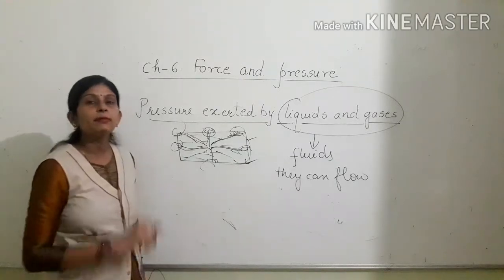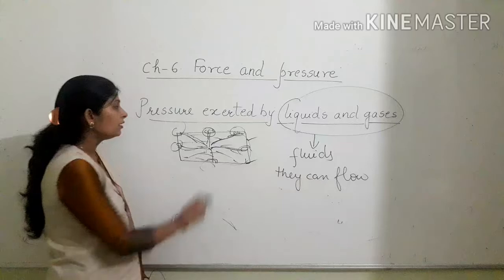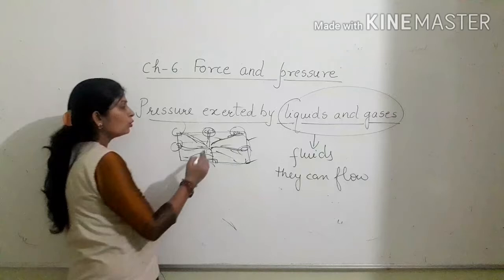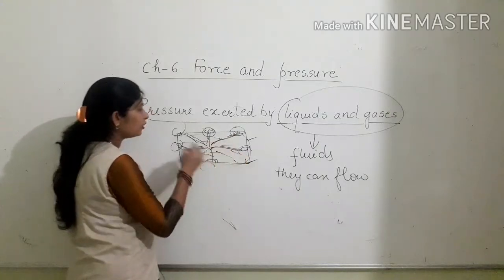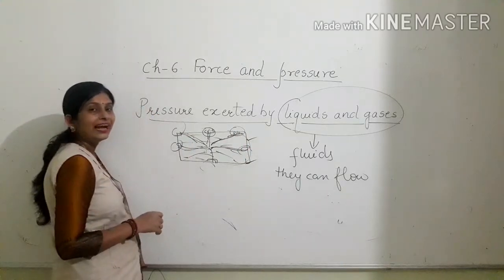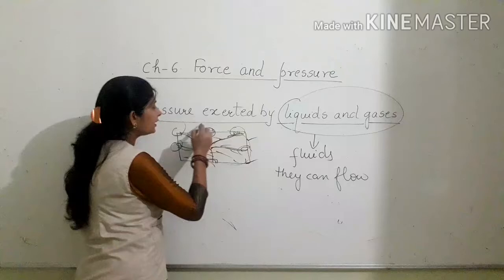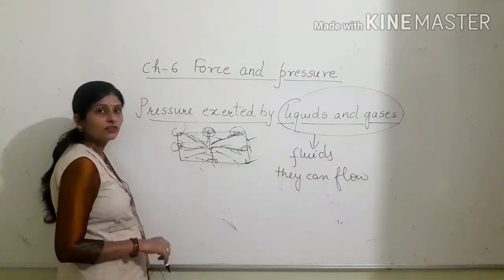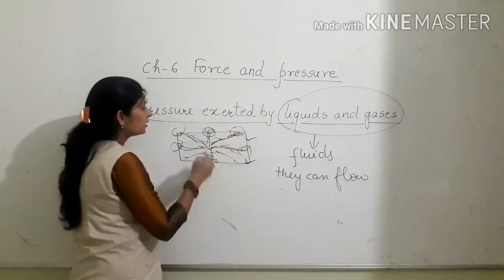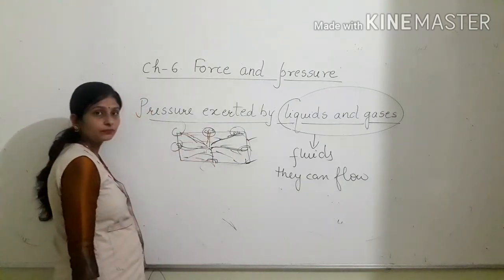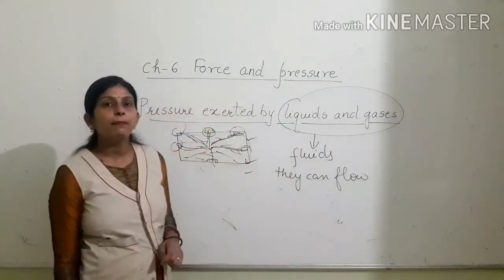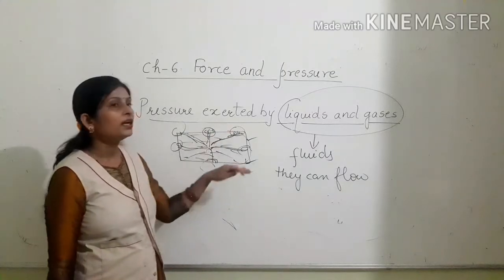It is the same in the case of a gas also. If we replace this liquid water with a gas, then the gas also flows randomly in all directions, strikes the surfaces or walls of the container, and applies force on the unit area of the different surfaces of the container. So in this way, gas also applies pressure on the container in all directions. So fluids, meaning liquids and gases, apply pressure in all directions.